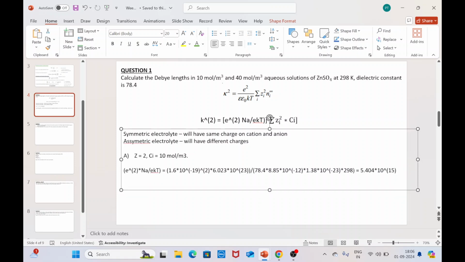This is the value for the expression e square Na by epsilon kT. If you can remember this particular value, then the entire thing will become very simple, because after this it's just about plugging in the values. I hope you have got the same answer. If you have any other answers, please let me know, or otherwise I can progress.